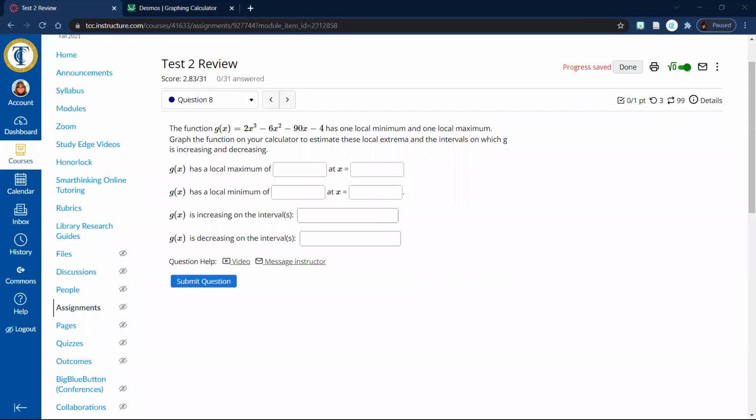Will we be able to use that on the test? That depends on your professor. Okay, because I hope so, because Desmos is very useful. She allows us to use it. Well, wait, we all have the same teacher, right? I don't think so. So this is open to everyone in MAC 1105C, so your professor might be different.